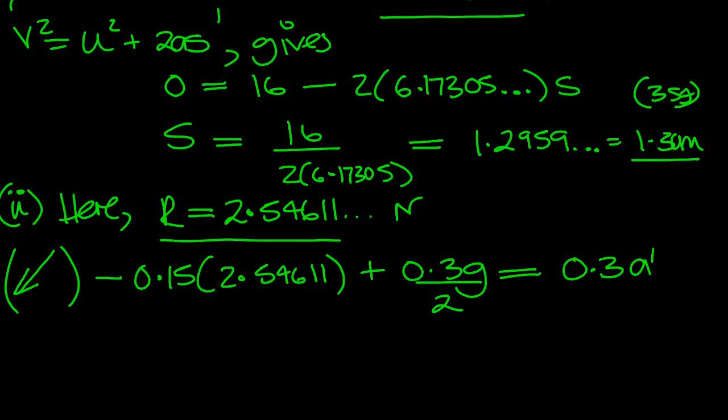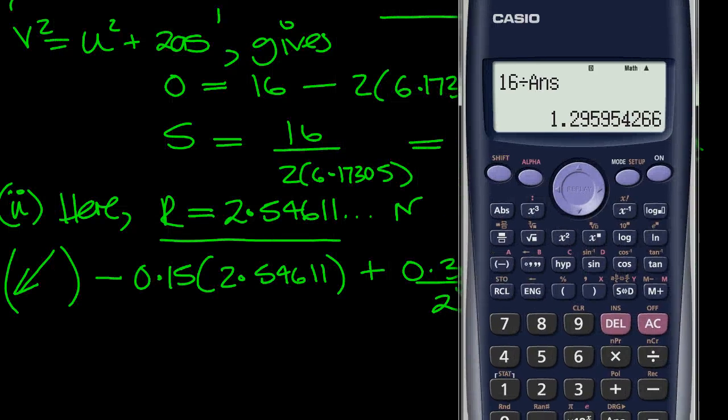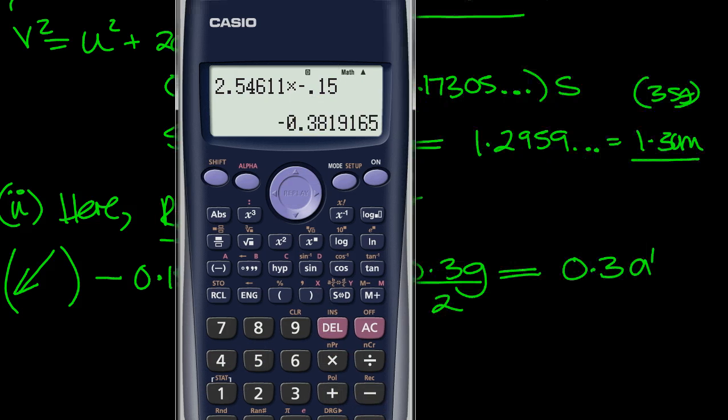Okay, so let's tap that in the calculator then. So I'm going to move this and just add them up together. So it's 2.54611 times negative 0.15 equals, so I've got that number.